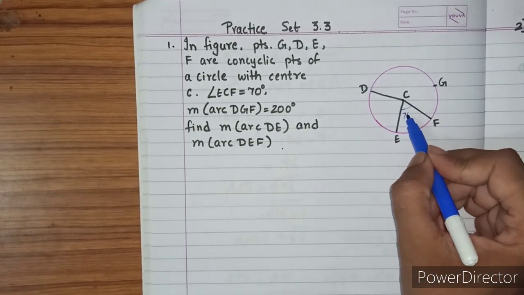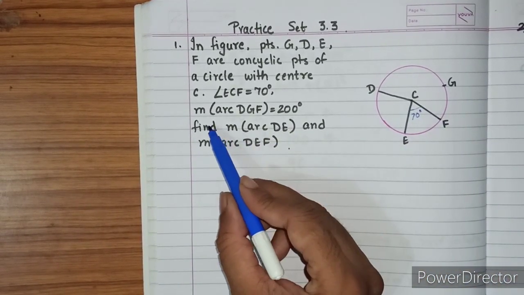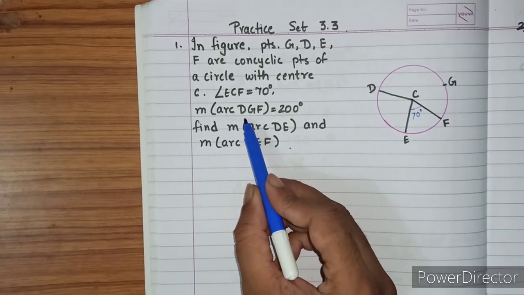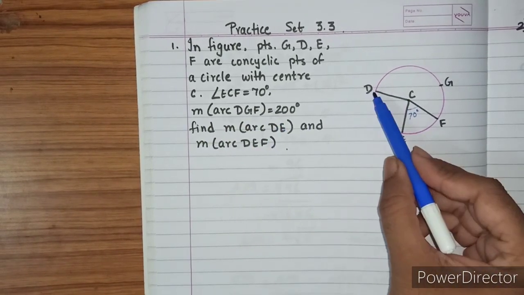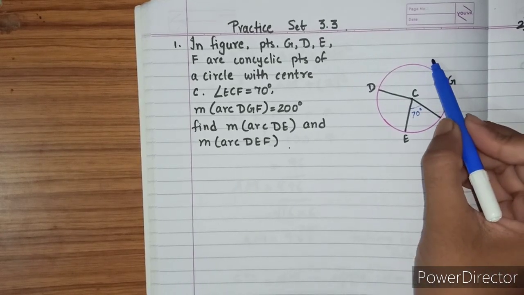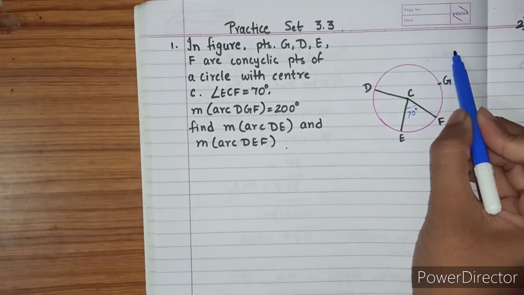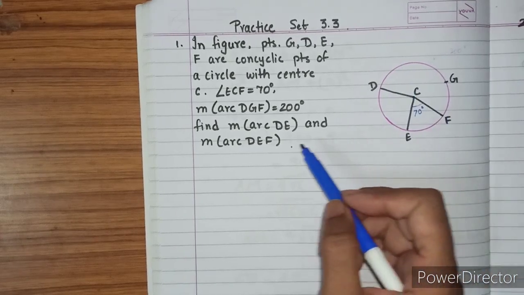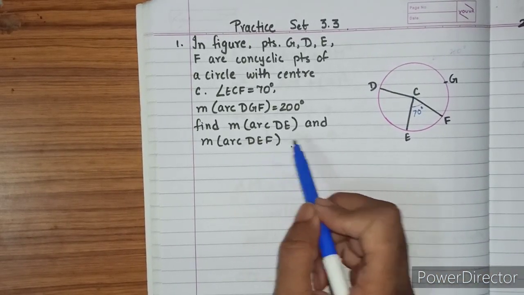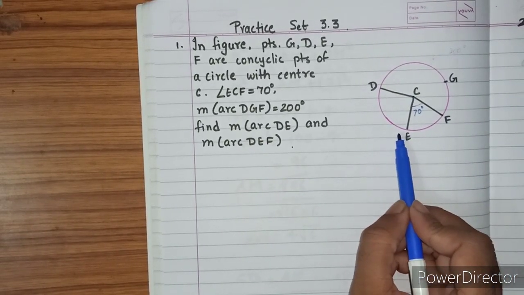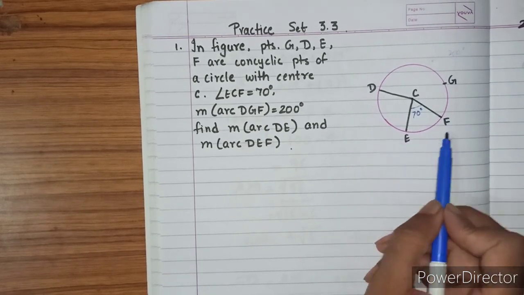This is 70 degree. Measure of arc DGF is given as 200 degree. Find measure of arc DE and measure of arc DEF.